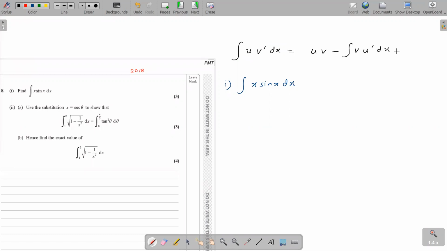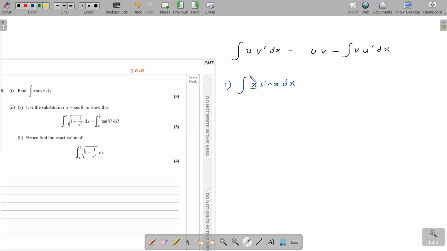So how do you choose u and v dash? x can be differentiated and integrated, and sin x can also be differentiated and integrated. So how do you correctly choose u and v dash? If you continuously differentiate, the one that first reaches 0 is your u.